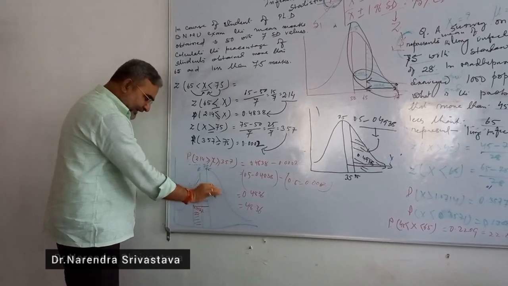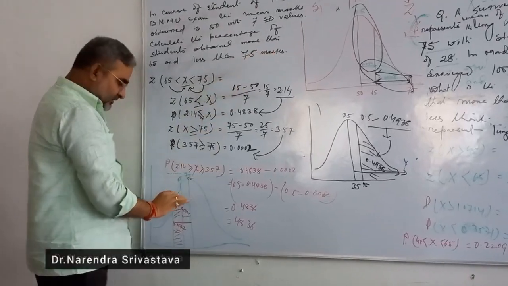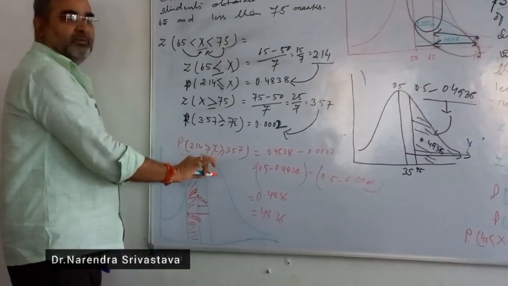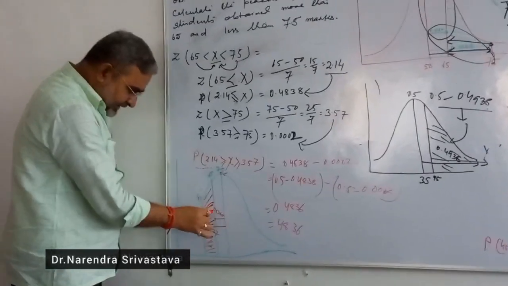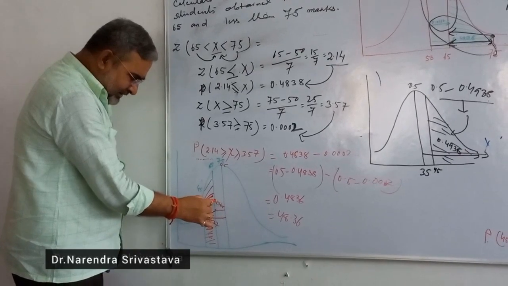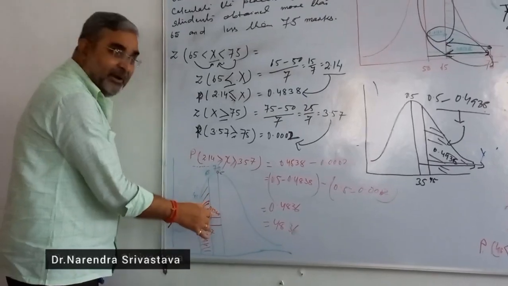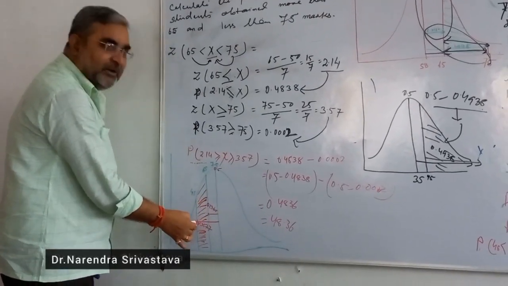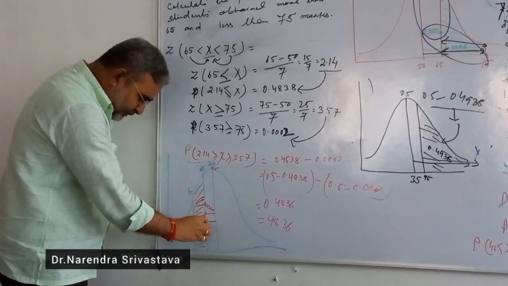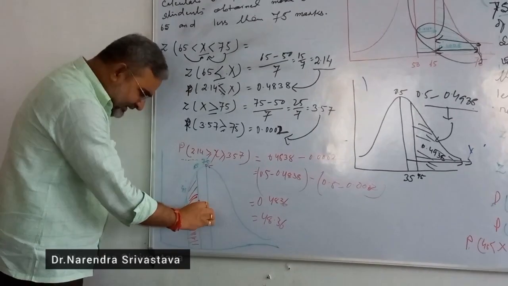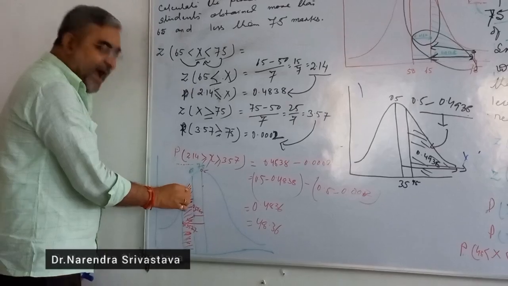That means the graph again represents 100%. That means the 1,000 population is included in all these graphs. And we demand this shaded side only. This one is the 65% value from the mean value, and this one is the 45% value. That means the 45% probability minus the 65% probability from the mean deviation represents the actual percentage.